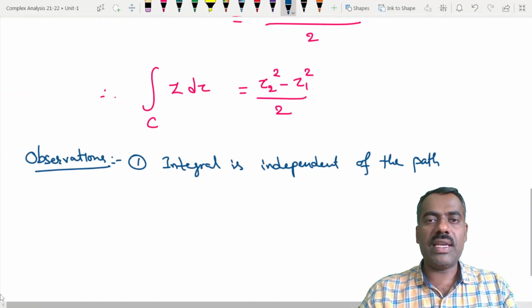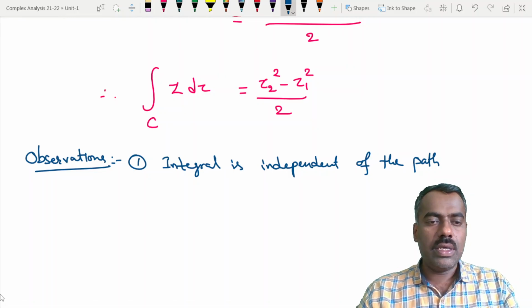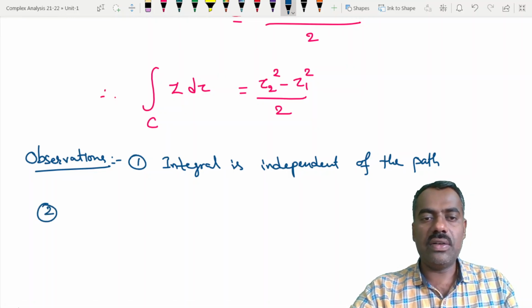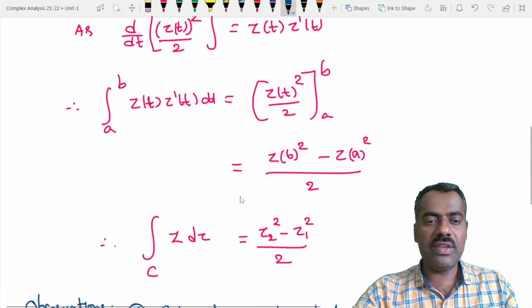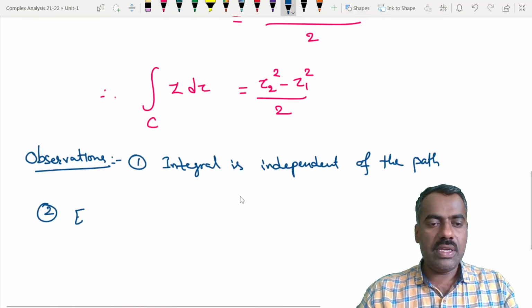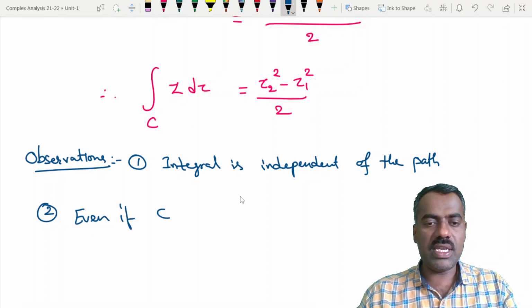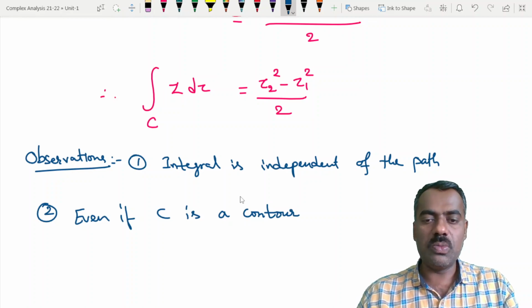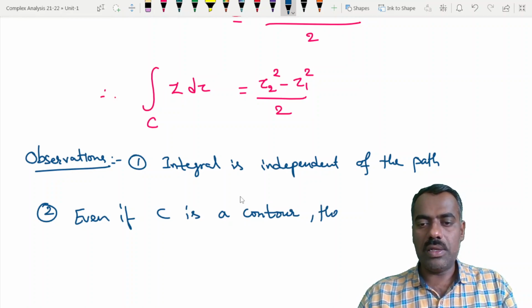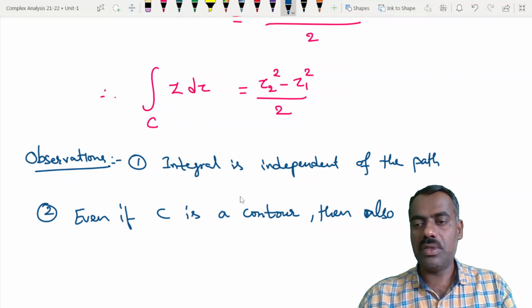Now the second observation we can make is that even if our curve C is not smooth, that means even if C is a contour containing finitely many smooth curves, the result is still true.